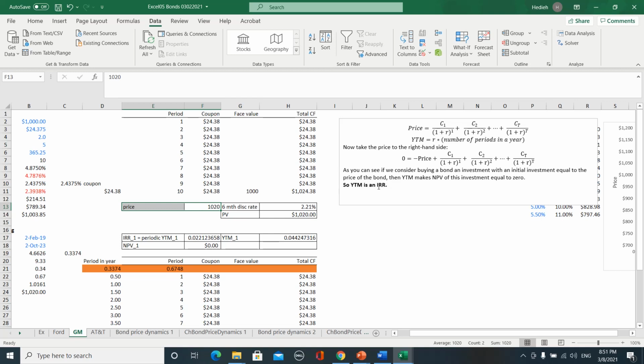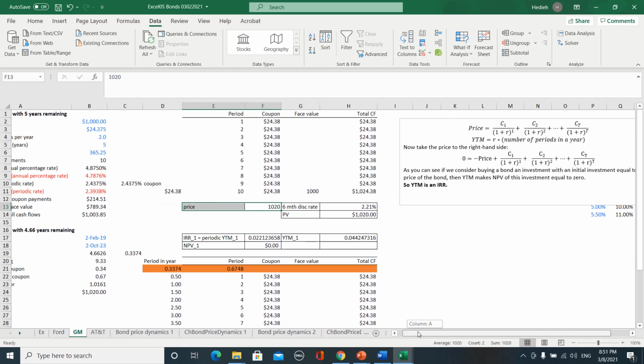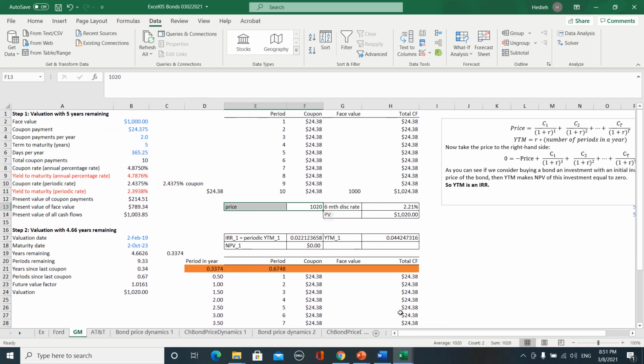Now I want to use this fact and find yield to maturity for this bond. Okay, how do I do that? Because I want to use the goal-seek function in order to find internal rate of return, first I define the net present value of this project.